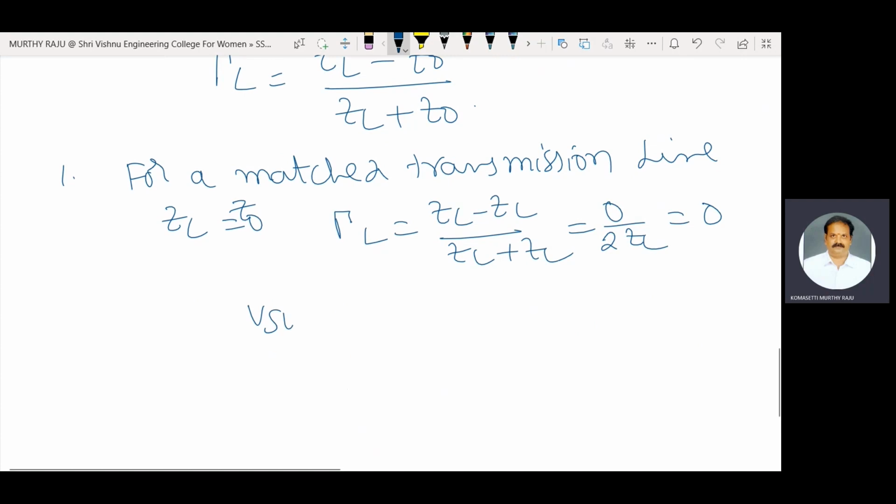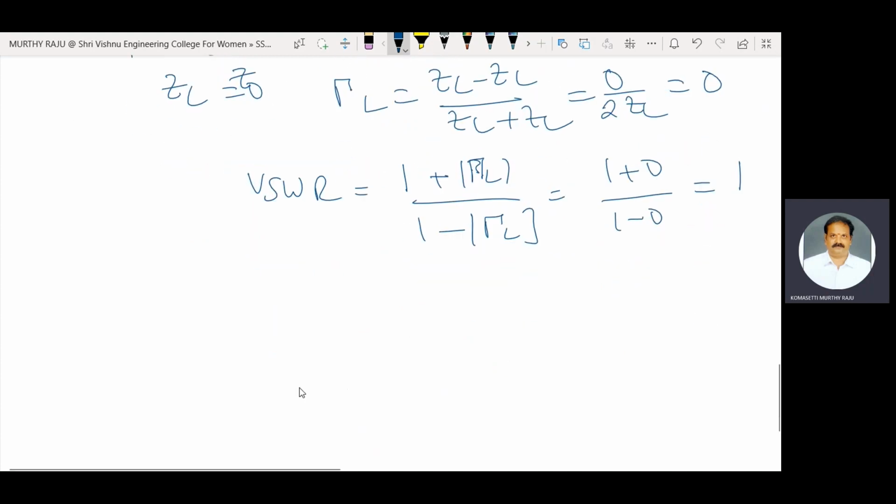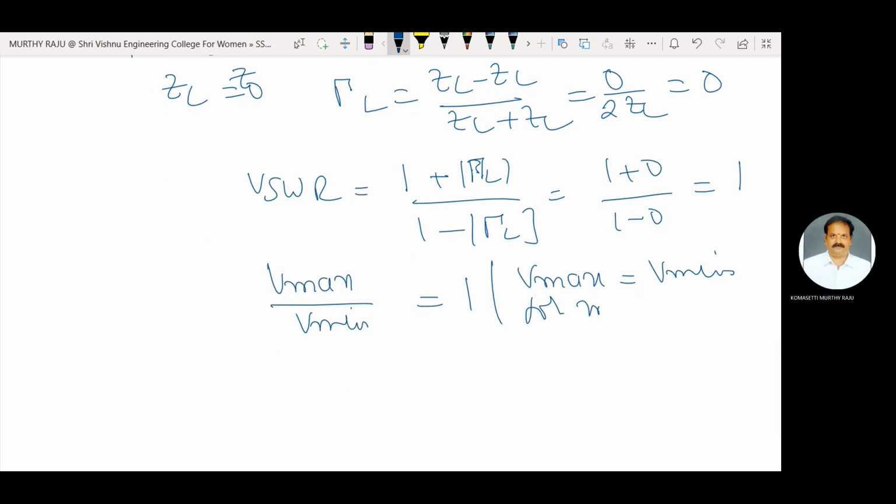Voltage standing wave ratio is equal to 1 plus mod tau L by 1 minus mod tau L, that is 1 plus 0 by 1 minus 0, which is equal to 1. VSWR is V maximum by V minimum is equal to 1. V maximum is equal to V minimum for matched loads.